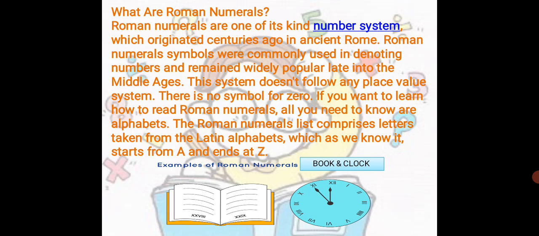The alphabets we are going to use in Roman numerals belong within the range from A to Z.